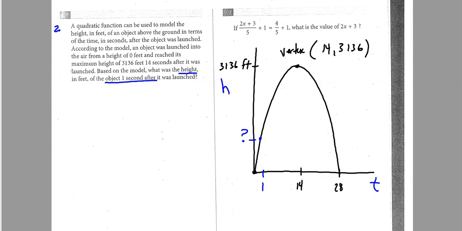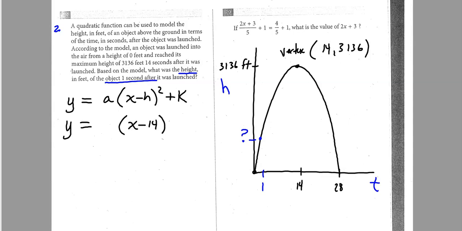So we have y equals a times x minus h squared plus k. And h, k is our vertex, so we have y equals, and I know a has got to be negative here, but I have x minus 14 squared plus 3136.